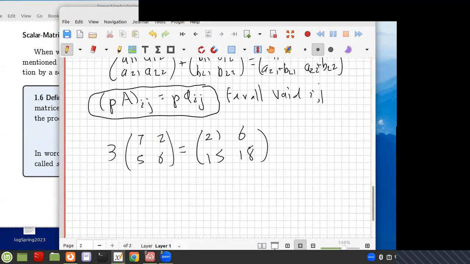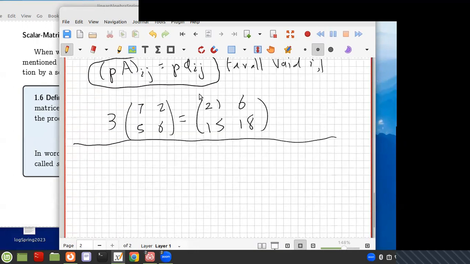Okay? So I can combine these two operations. For example, let's do another one. To practice this, maybe I'll put this down and you can just take a moment and figure it out. 2 times 1, 3, 4, 7, plus 3 times 2, 2, 5, 4.